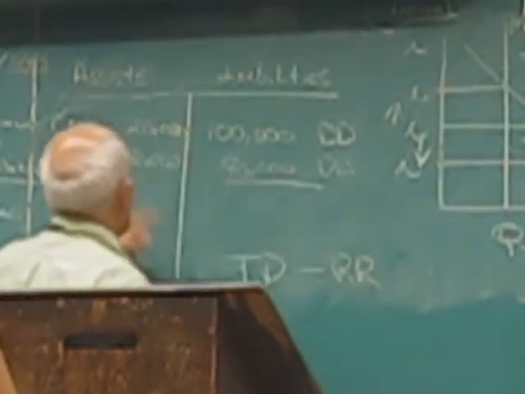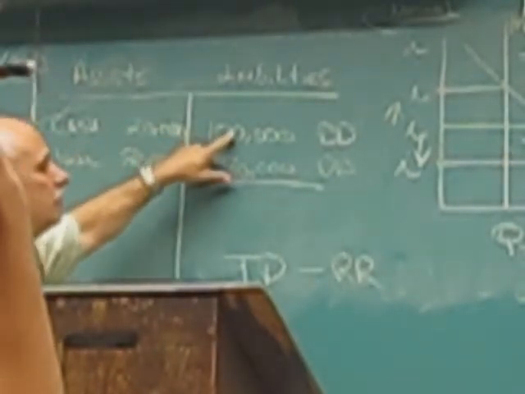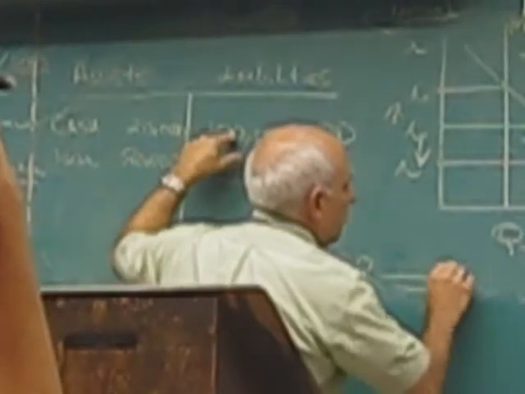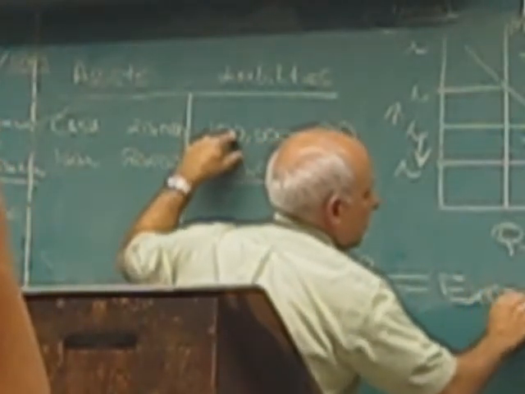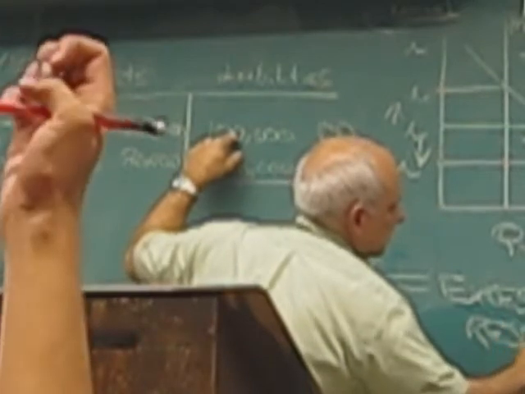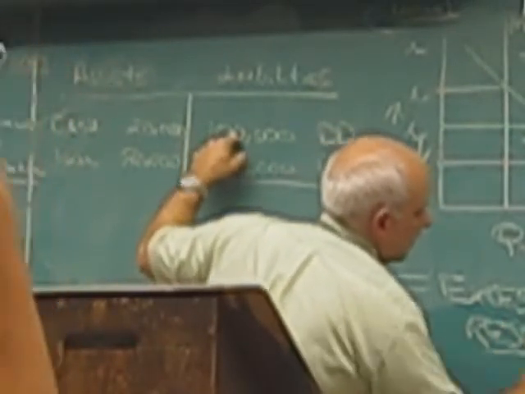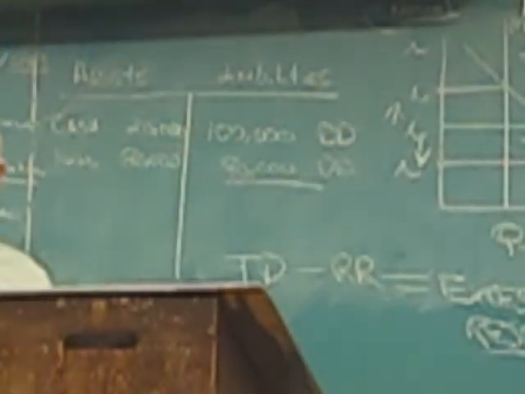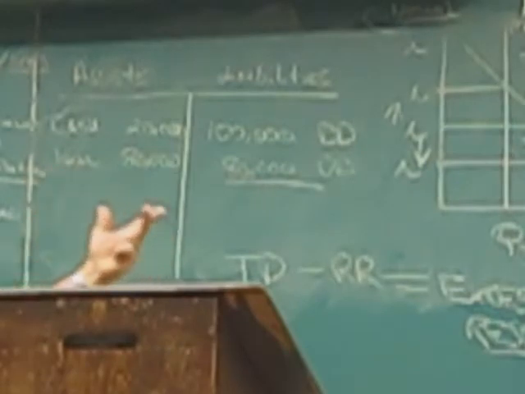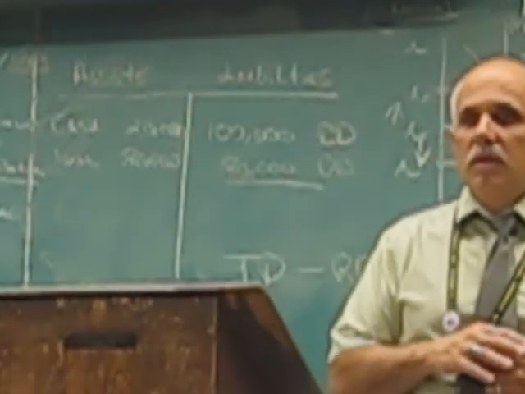The required reserves in this case were $20,000. The total deposits were $100,000. What they're left with is what we call the excess reserves. The excess reserves are the amount that the bank can legally lend. The bank can legally lend up to their excess reserves.